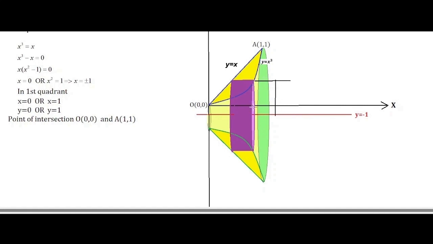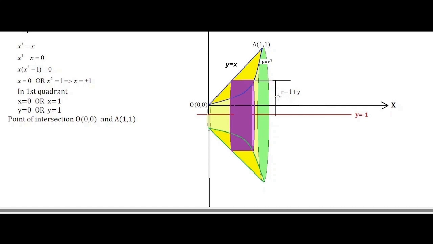This portion is the distance from the x-axis, so it will be y, and this is the distance of the line y equals -1 from the x-axis, so this will be 1. So finally we can say the radius of the cylinder r is equal to 1 plus y.